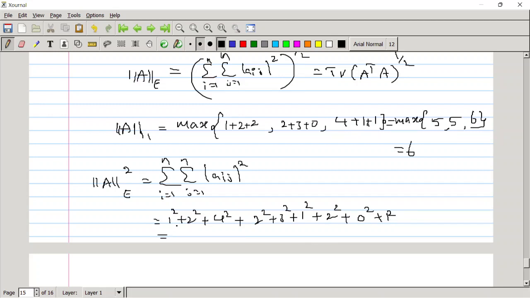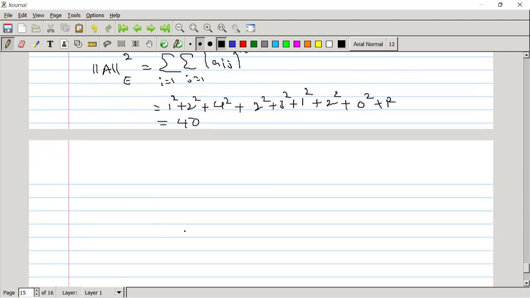This is nothing but 1, 4, 5, 16, 21 plus 6, 21 plus 4, 25, 34, 35, 39, 40. So this is 40. So the answer, norm A1 plus norm AE square, is equal to 46.